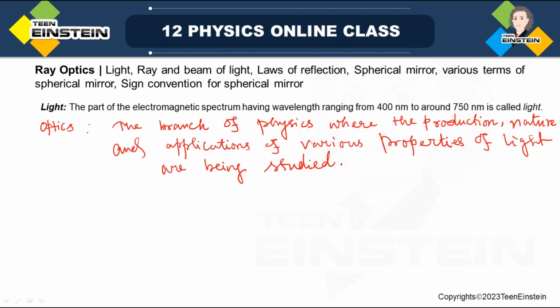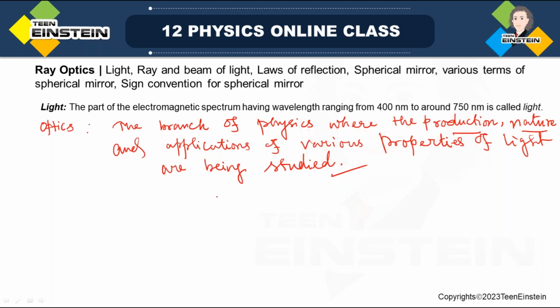I'll give you some examples. Production of the source of light, nature of light: it can reflect, it can refract, it can diffract. So diffraction, reflection, refraction, polarization, these are the various properties of light, and how we can apply all those properties or phenomena of light in our life to have decent applications. That branch of physics is called optics.